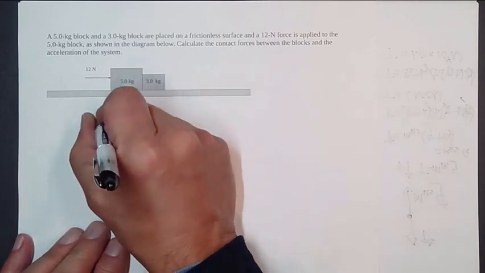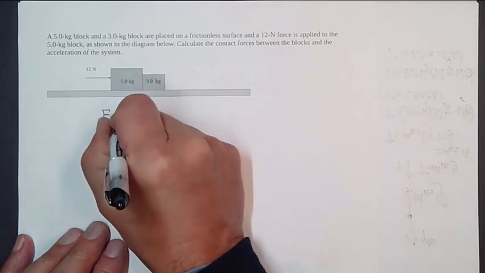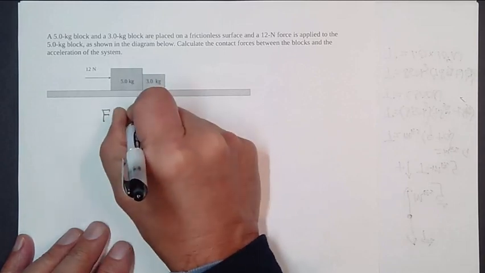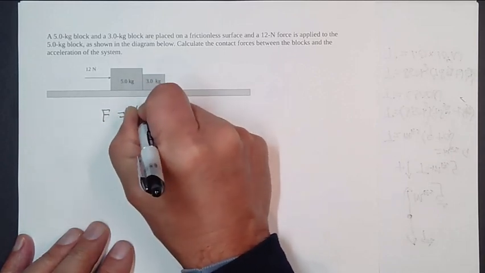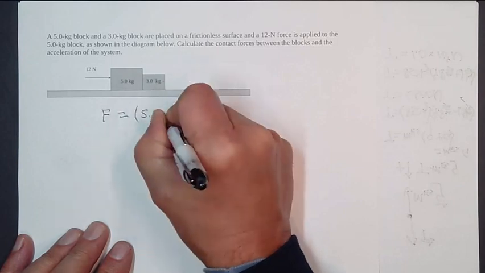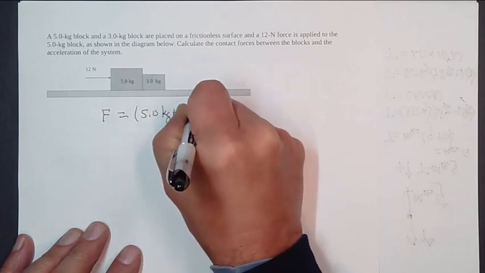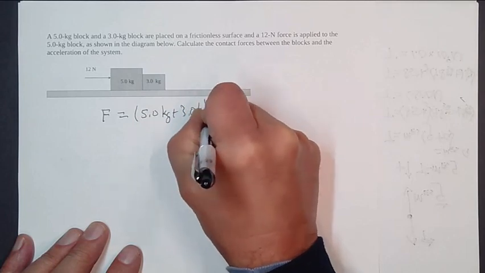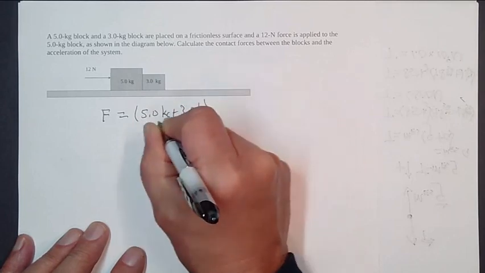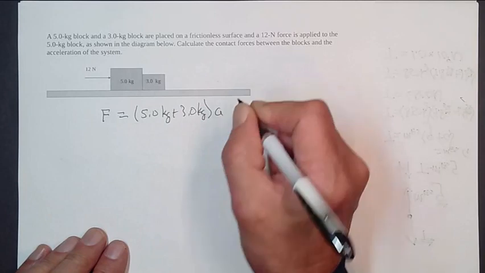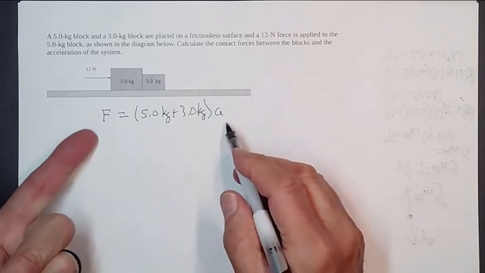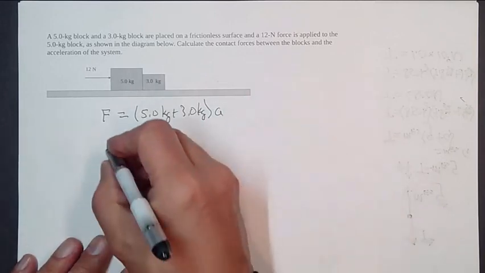So the force that you exert is going to equal the total mass being accelerated, 5.0 kilograms plus 3.0 kilograms. F equals ma, and so we can just figure out what the acceleration is like that.